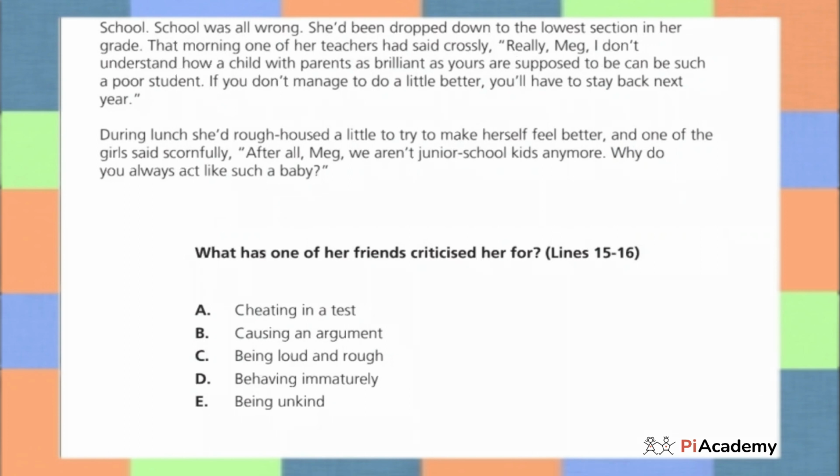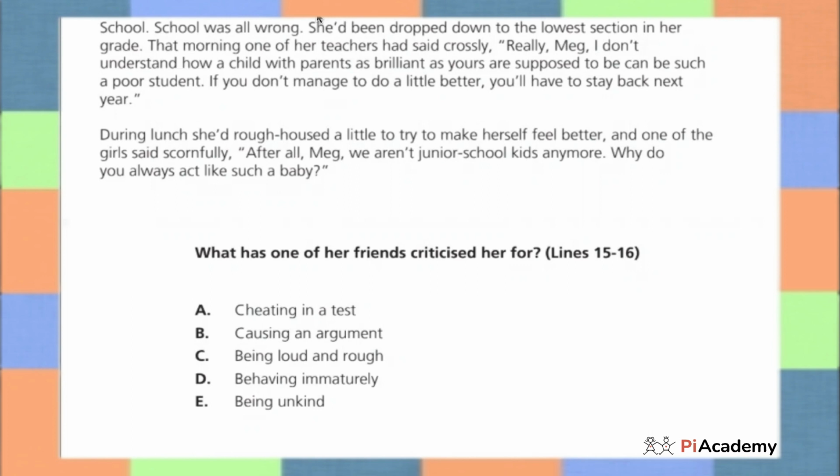School. School was all wrong. She'd been dropped down to the lowest section in her grade. That morning, one of her teachers had said crossly, "Really, Meg, I don't understand how a child with parents as brilliant as yours are supposed to be can be such a poor student.